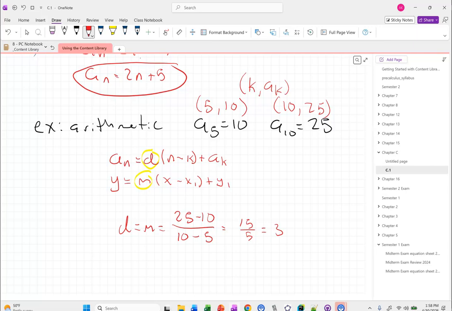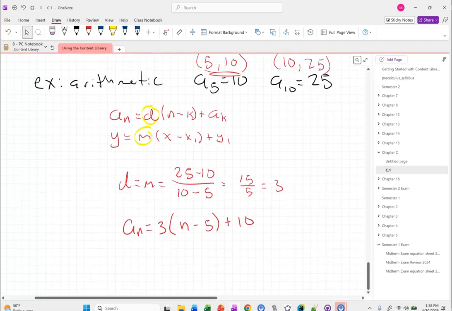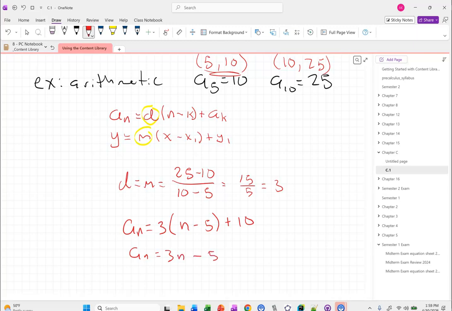There's my slope, right? Now, does it matter which point I use? Not even a little bit. So say we use this one. And then I can just distribute the 3 through and combine some like terms, and I'd be done. Could I just as easily have used the point 10 comma 25?